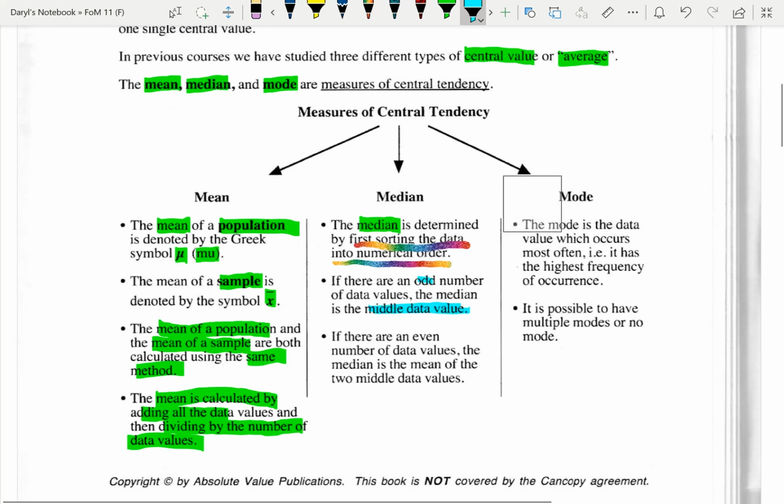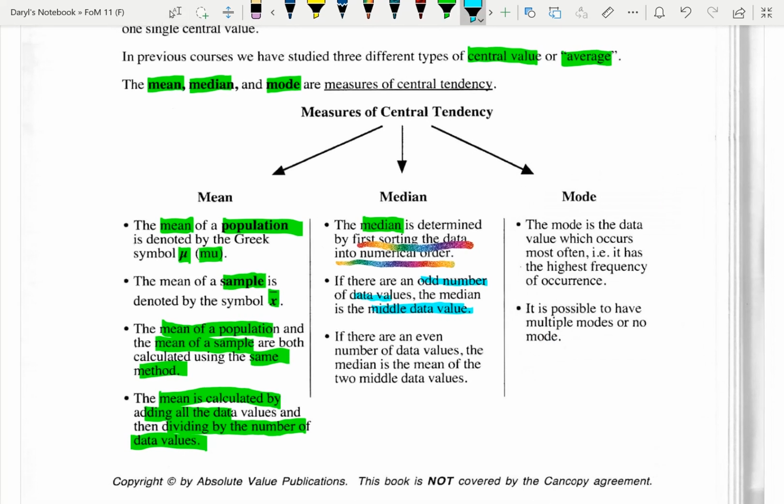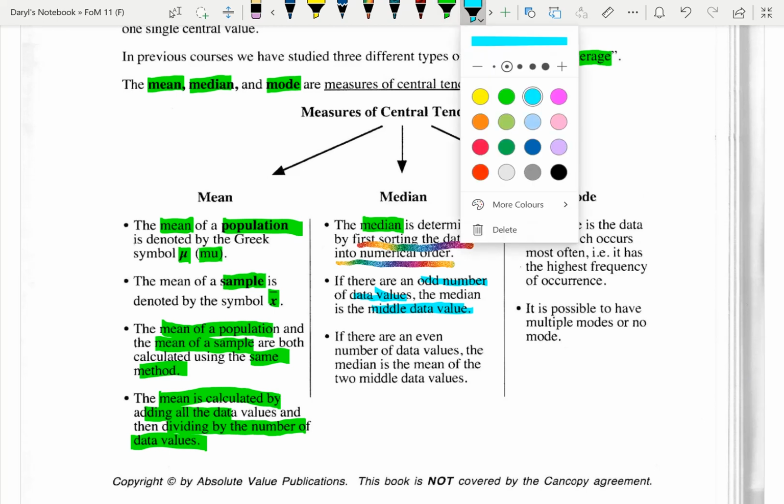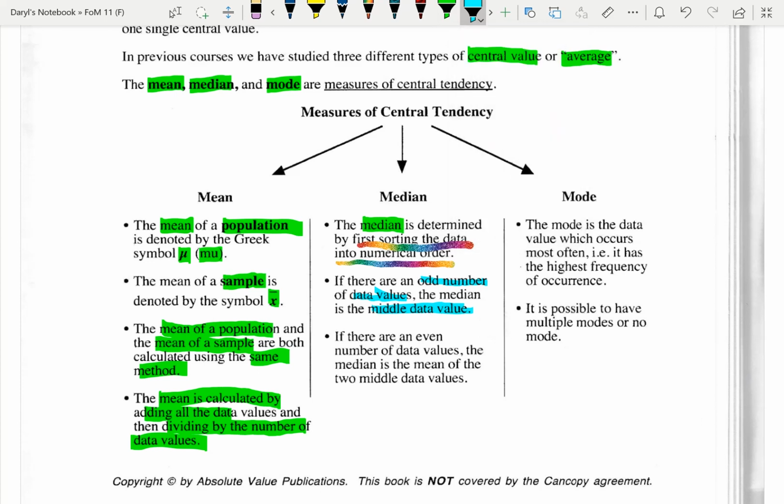If there is an even number of data values, for example 4, 6, or 8 data values, the median is the mean of the two middle data values.